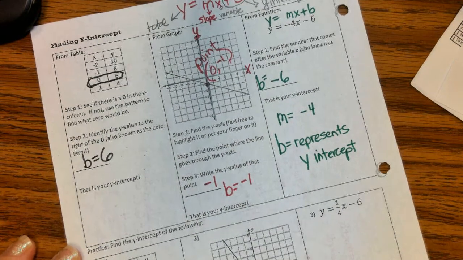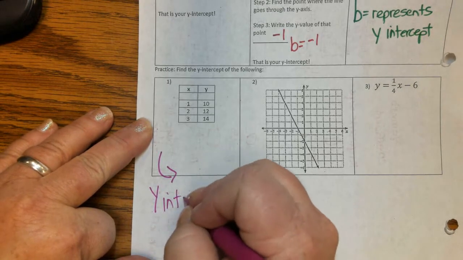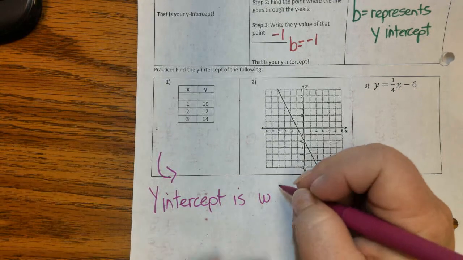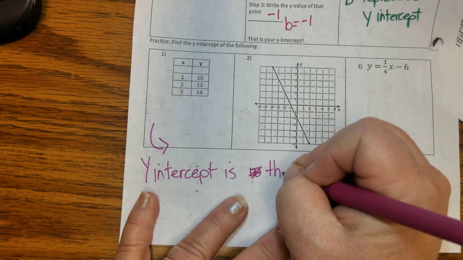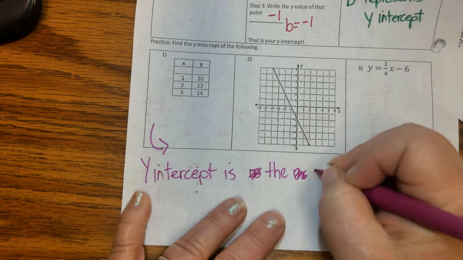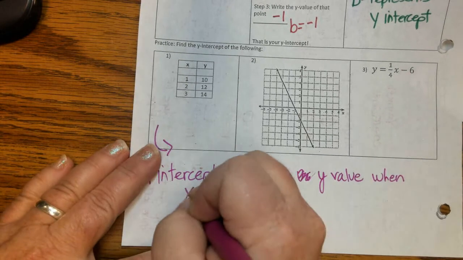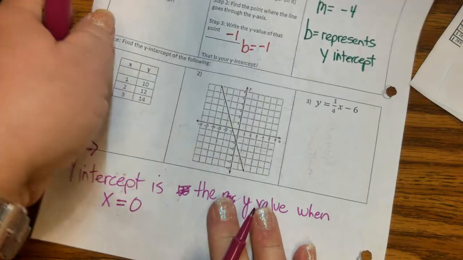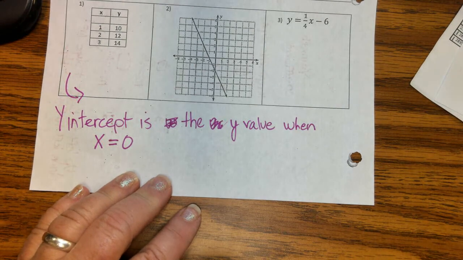So in a table, let's write this out really technically: the y-intercept is the y value when x is equal to 0. Does that make it clear? The y-intercept is the y value when x is equal to 0.